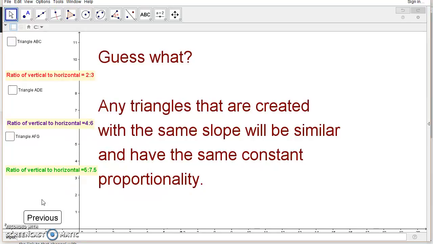So if a question asks, what's the slope of the line? That's a similar question, and they would want the same answer as, what is the constant proportionality? Or what is the ratio for our similar triangles?